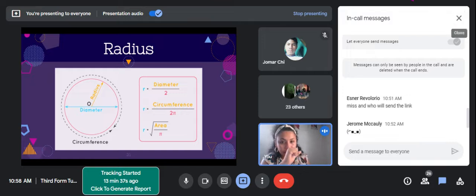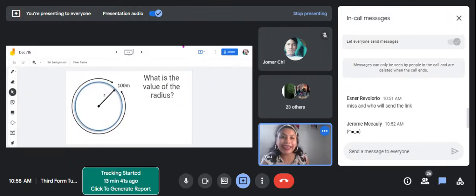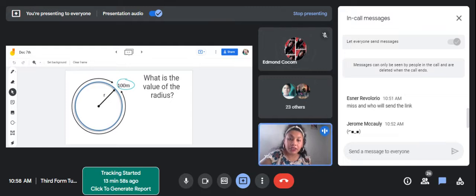So, for example, let me go back over here to this one. I showed you this question yesterday that says, what is the radius? What does this 100 meters represent? Circumference. Circumference, very good.